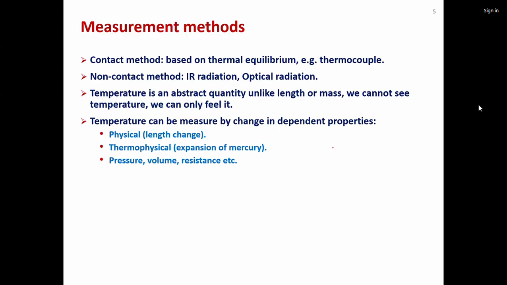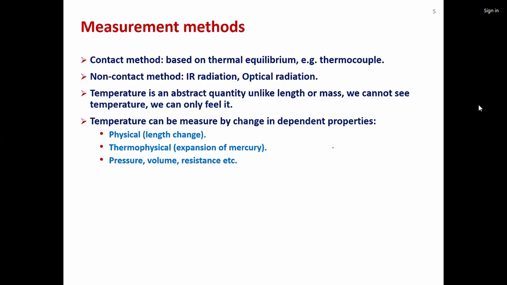The other thing to note about temperature is that it is an abstract quantity. You can't really see temperature, unlike length or mass. We can only feel it, right? And temperature can be measured by measuring the change in various dependent properties. For example, we can look at a change in a physical property, like the change in the length of a rod, and we can predict the temperature.